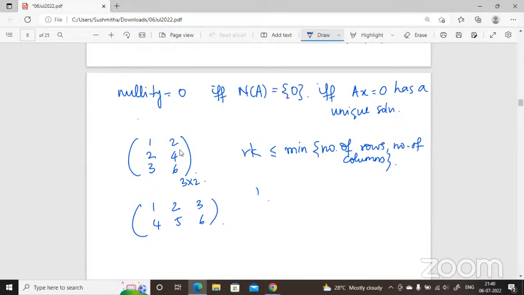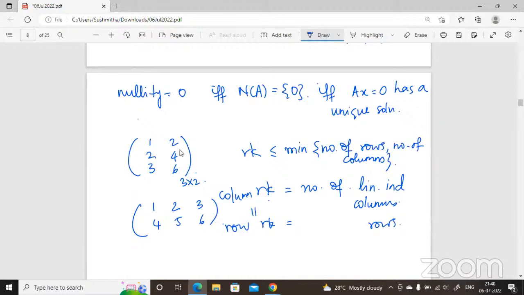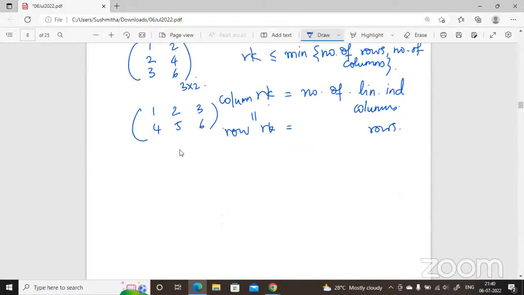Rank is equal to the number of linearly independent columns, so in a 3 by 2 matrix, the maximum is 2. Row rank is the number of linearly independent rows, and we know these two are equal. If the question simply asks without giving any matrix that the matrix order is 3 cross 2, the answer will be the same, ma'am? Yes, the rank can be at most 2.